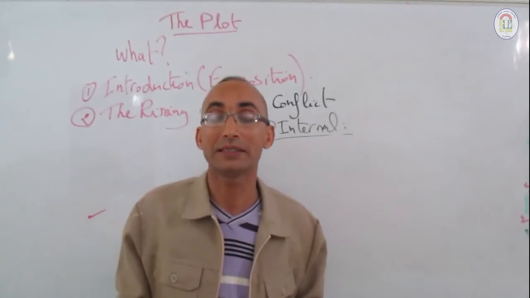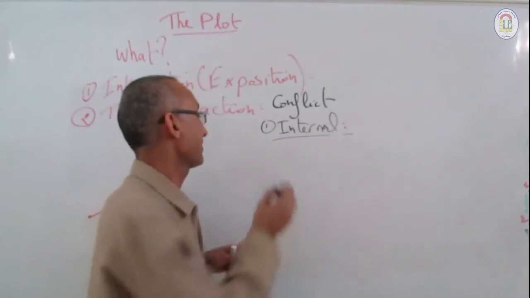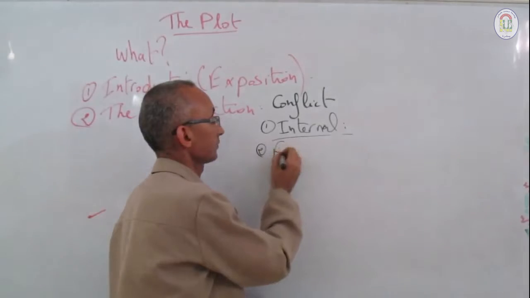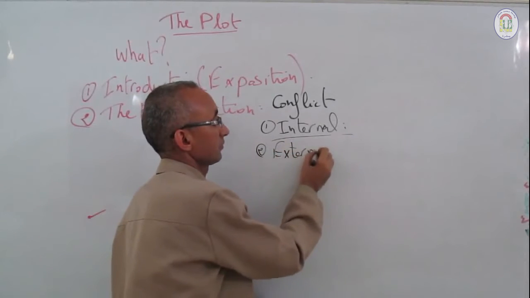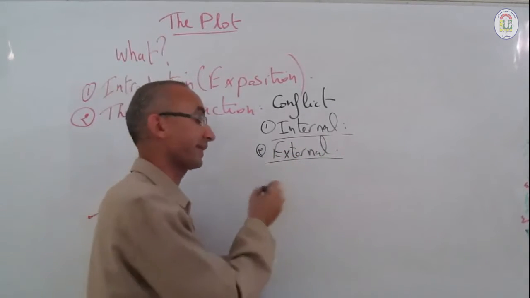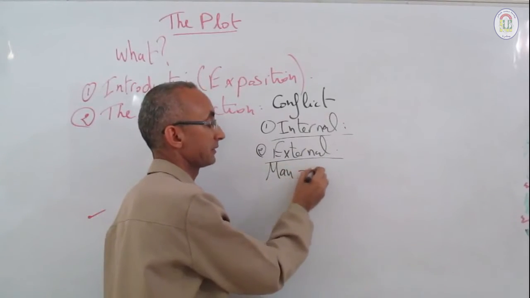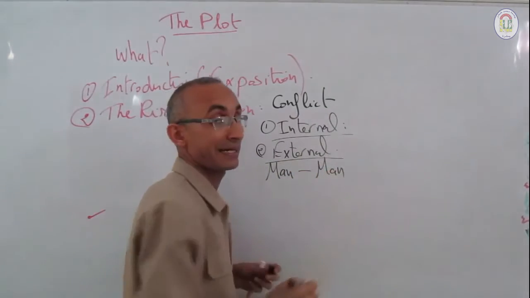About the crime he committed. Also, we have the second type, which is an external conflict. Here it can be between a character and another character. It means man against man, character against character.